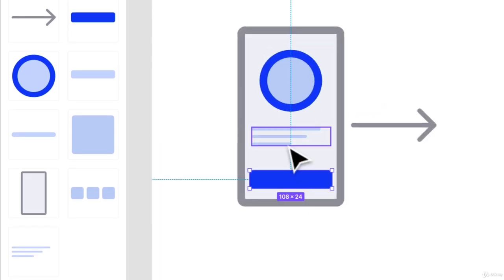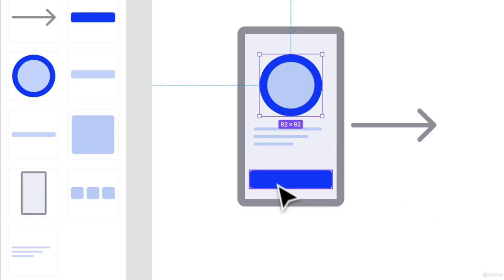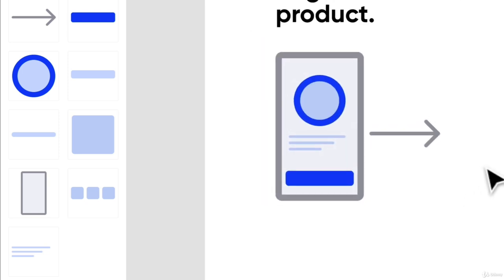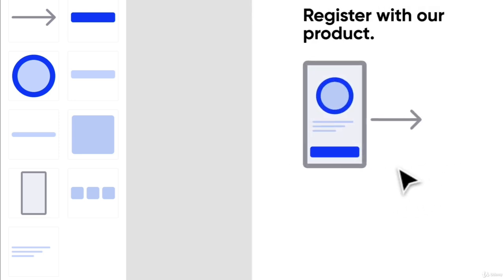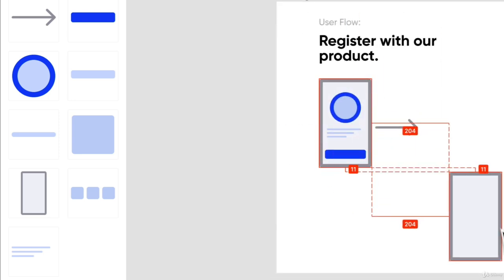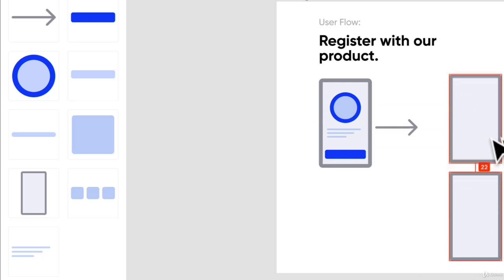If we think about this a little differently, we'll notice that there's probably a decision moment here. We shouldn't force a user to register. We could probably give them the option to skip and go right into our product, and we can handle that later, but we should probably have a screen down here as well.